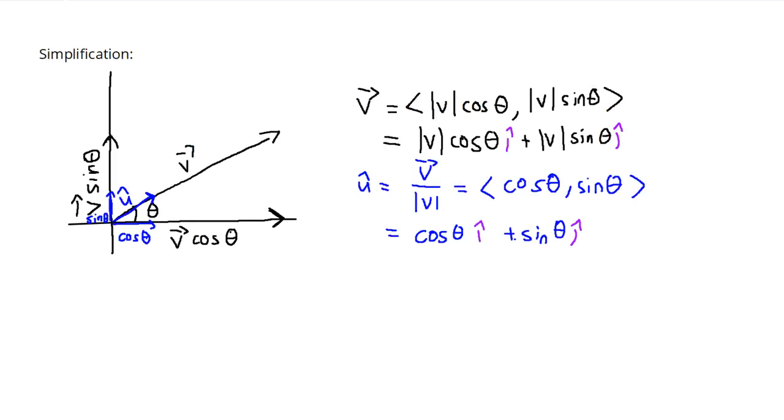So this is a simplification. It actually looks a lot more messy. So v, if you want to take this v vector right here, the v vector is decomposed into 2 components. This component of the vector will be v cosine theta, and this will be v sine theta. So v cosine theta, v sine theta.